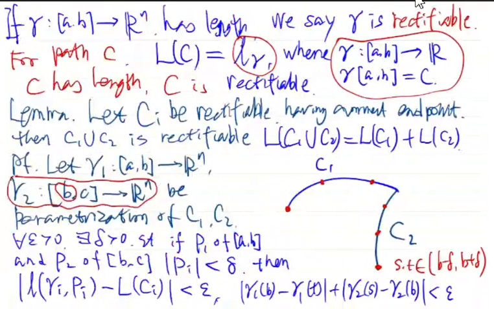Okay, so we want to prove that the union is rectifiable. So for such gamma 1 and gamma 2, the union has a parametrization. The union of these two curves we denote by gamma 1 gamma 2, which is the curve gamma AC.